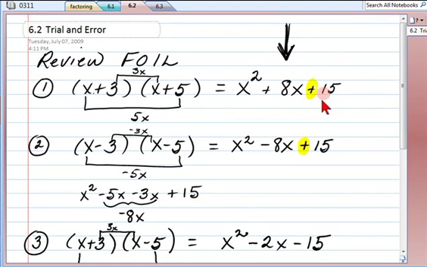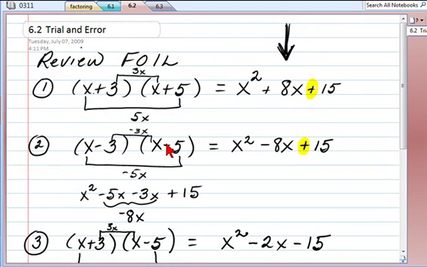That's the only way to get positive 15. Which case it is is determined by the middle sign. If the middle sign is plus, they were both pluses. If the middle sign is minus, they're both minuses. Conclusion: if the last sign is positive, the middle term tells you what the two signs will be.